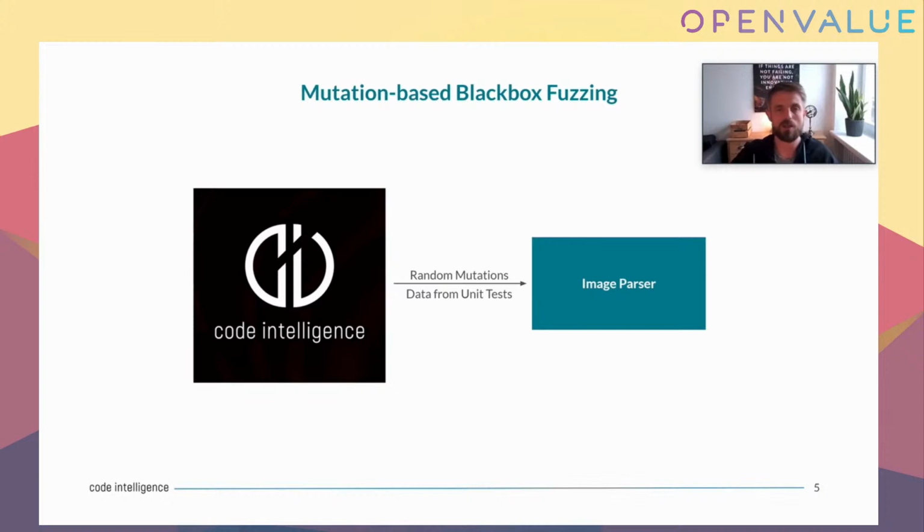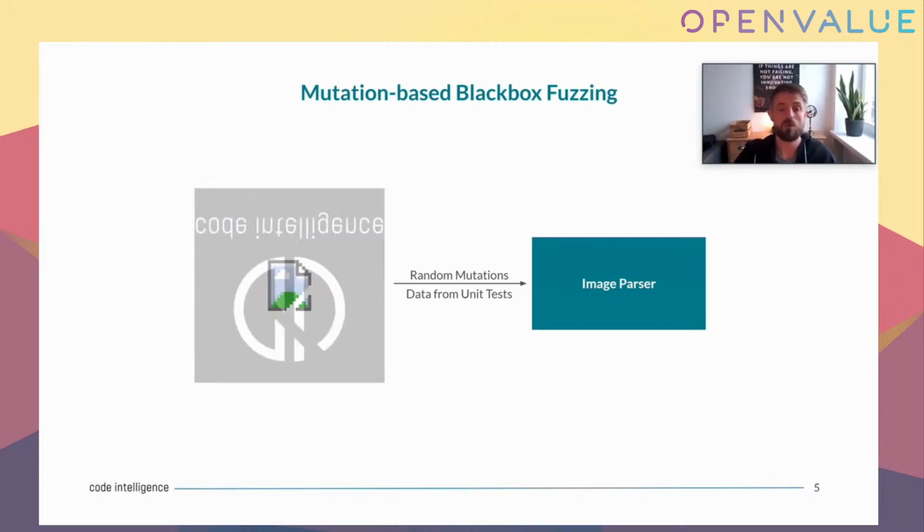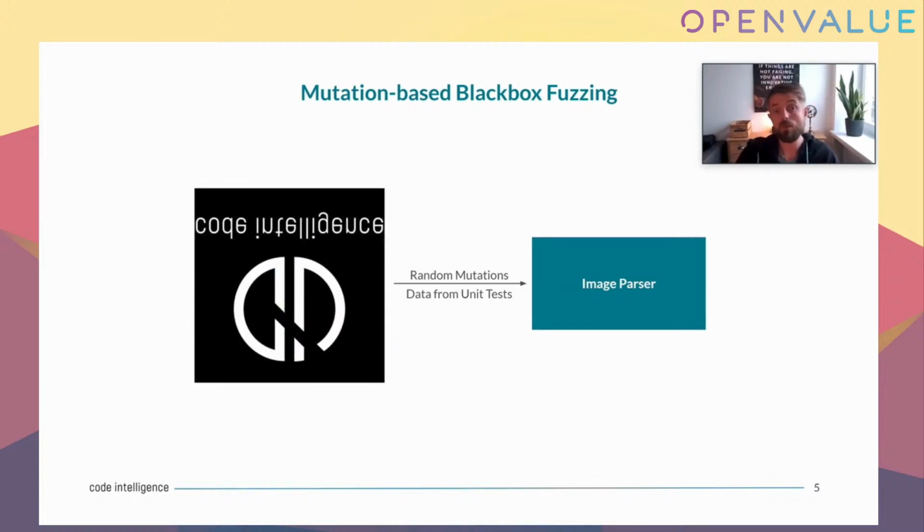Basically, you just flip a few bits and bytes inside that JPEG, and then you get something which is very similar to a real JPEG, but in the mutation, you somehow destroyed the header, and now it's an invalid JPEG, which cannot be shown, and you give that as an input to the image parser. And sometimes you create mutations which are valid JPEGs.